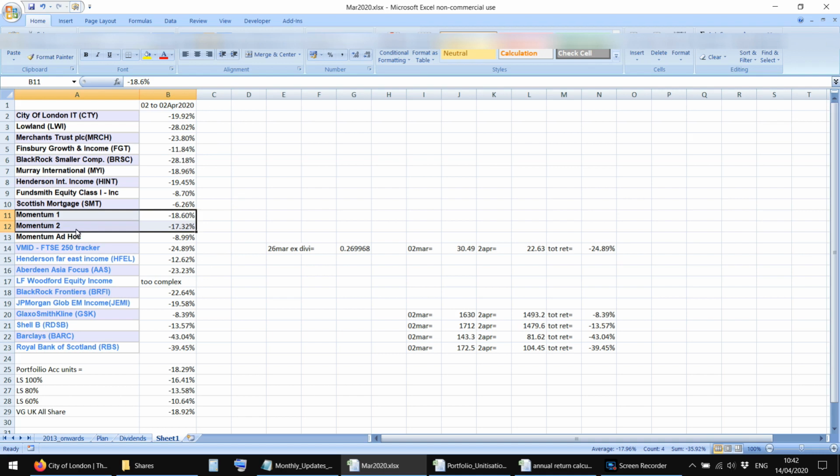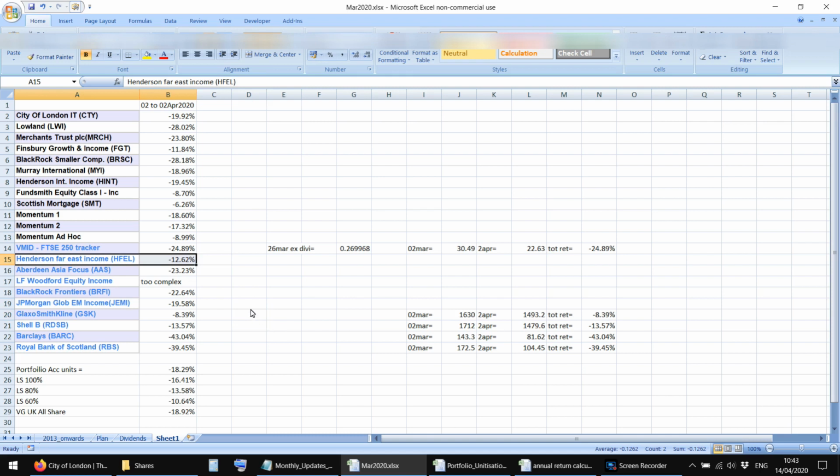So the main momentum seems to have not done much different to the overall portfolio, but at the moment the ad hoc momentum is in that biotechnology fund, so it makes sense that that wouldn't be doing as badly as the rest of the portfolio. I guess they think that some of those companies might get a vaccine. And the FTSE 250 tracker seems to have done worse.